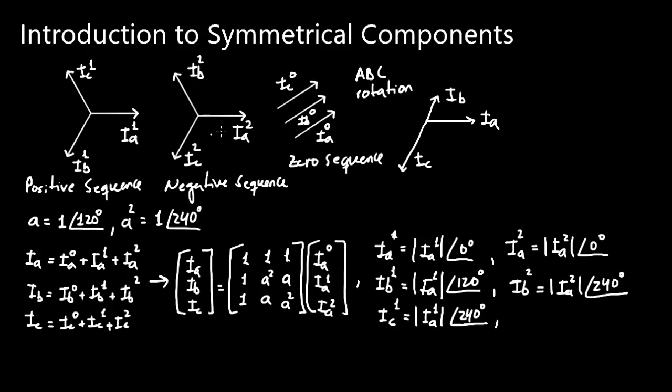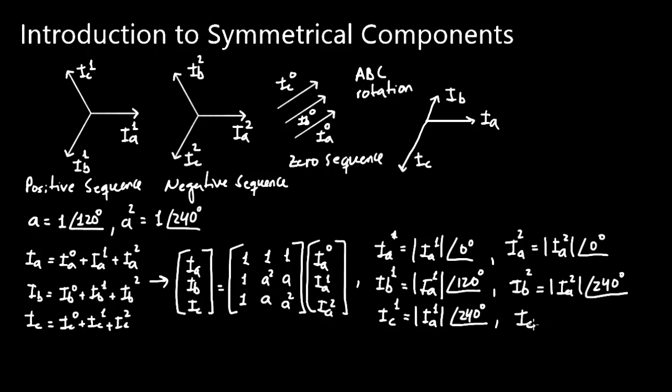Because again, on the negative sequence set, we're saying that the phase rotation is opposite to our assumption for this example that it's ABC rotation. So the B phase, instead of lagging the A phase by 120 degrees as in the positive sequence set, is lagging it by 240 degrees.